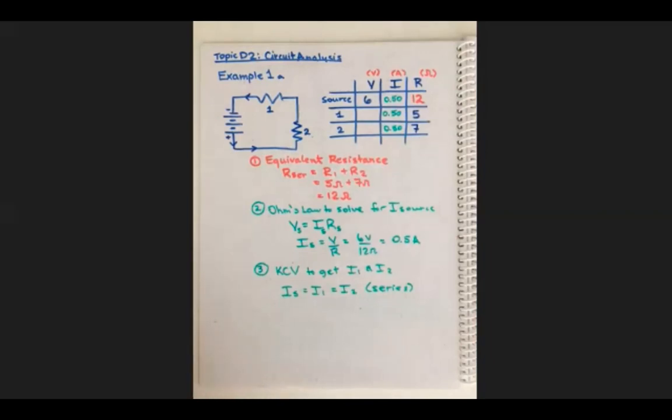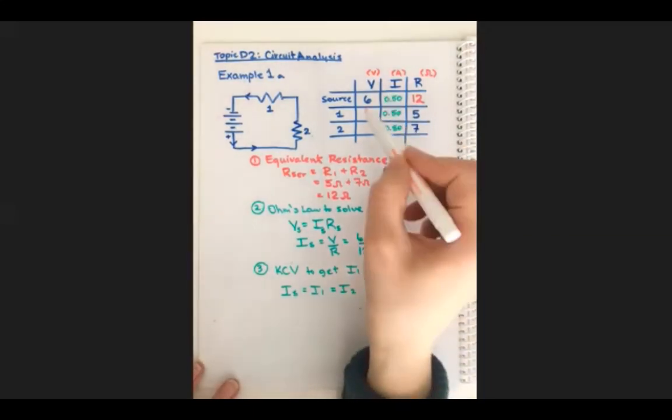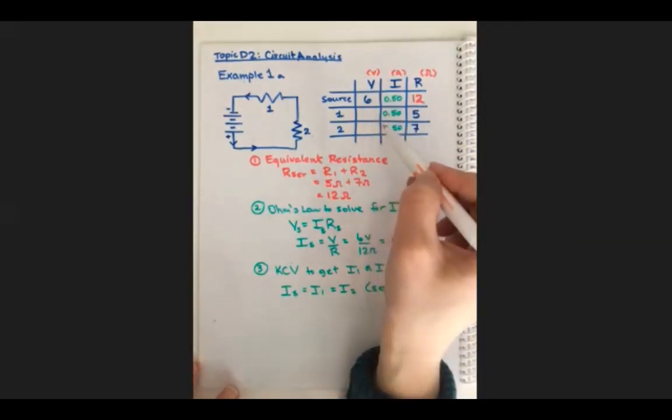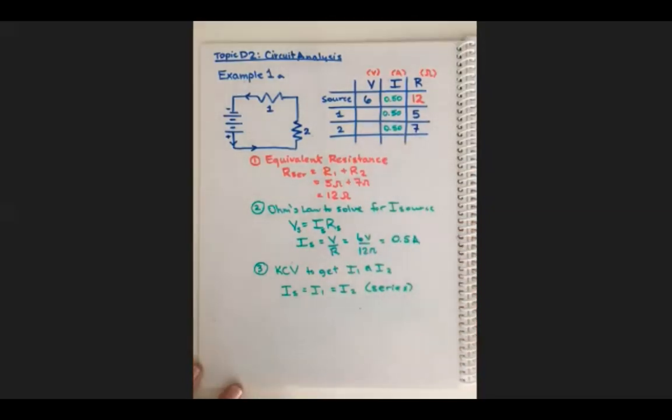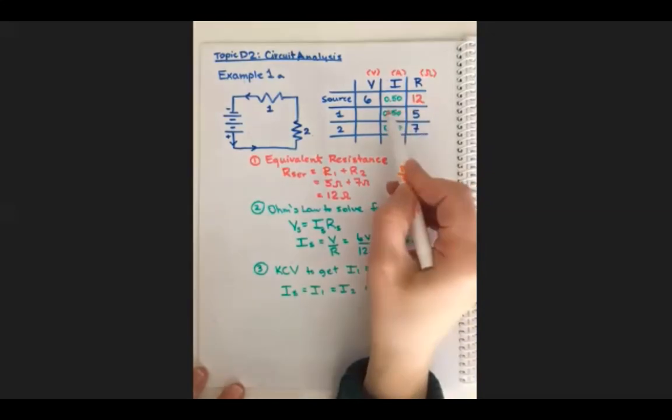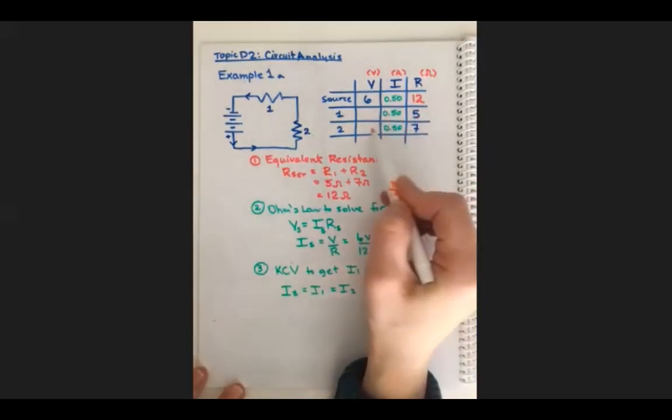And finally, our last step, the only thing that is left for us to do is to solve for these last 2 spots. Here, as with any last steps of a circuit analysis, you actually have choices. If you really like Ohm's law, you can solve for it using V equals IR. So just current times resistance gives you that value.